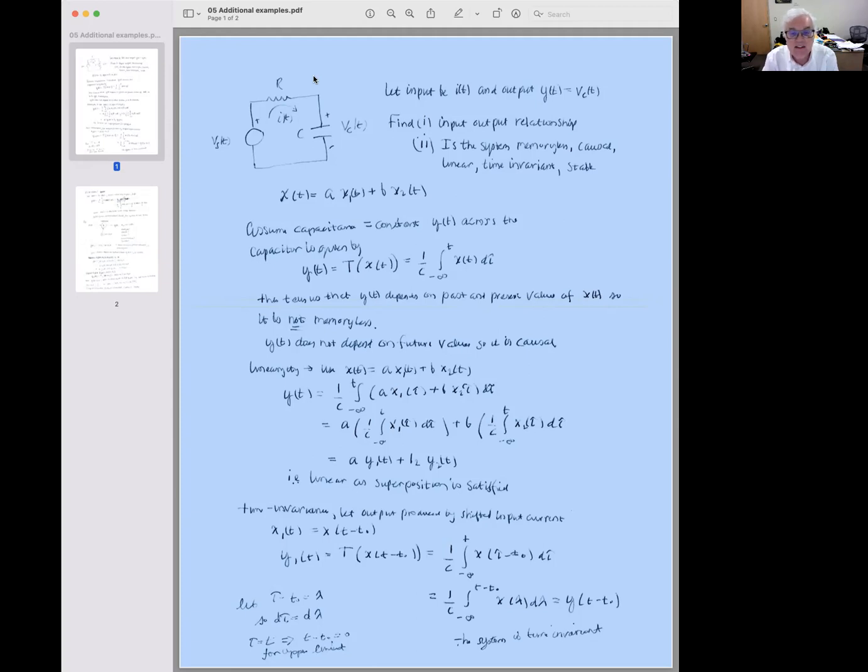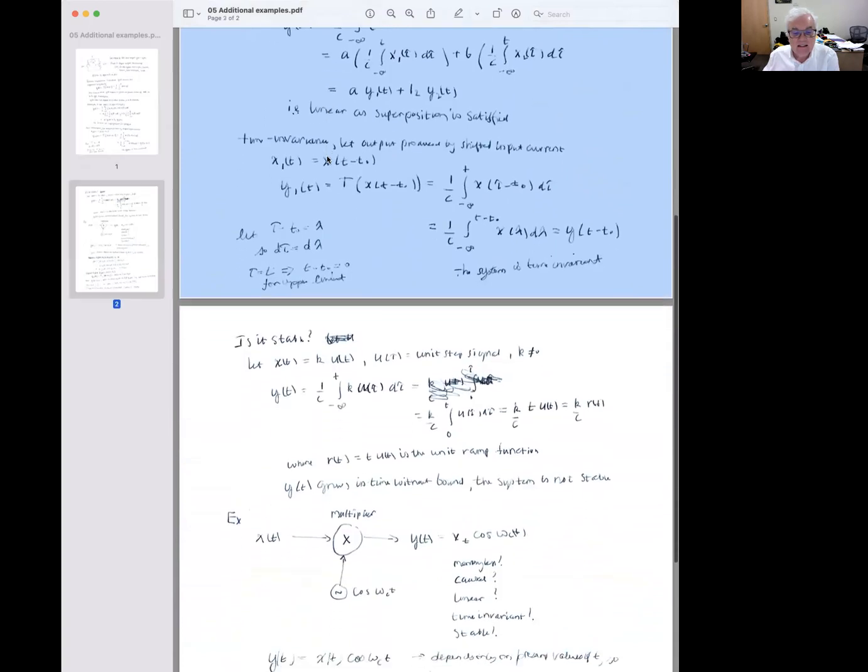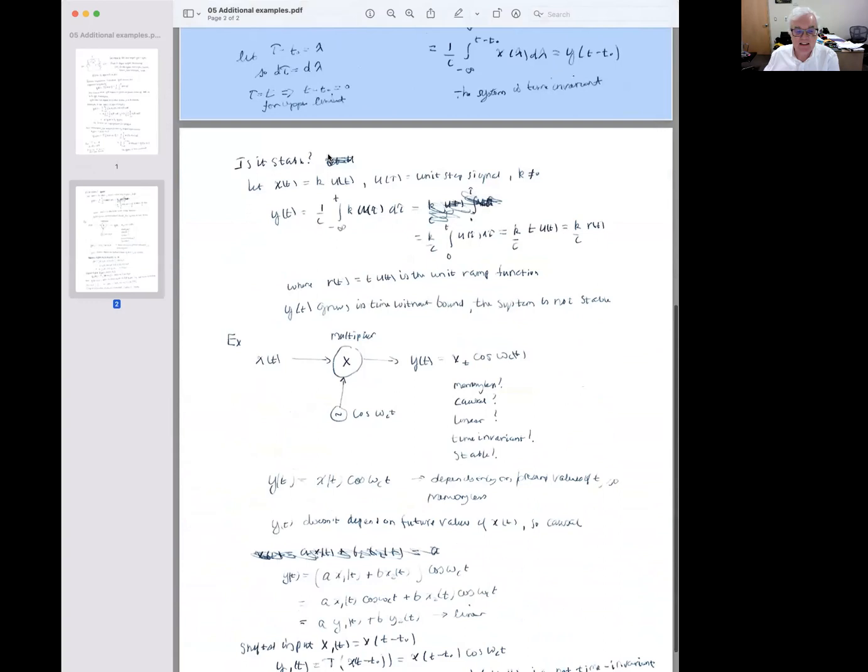And then what I do is I go through and examine each of the conditions in turn. And so basically we have the basic properties of that system.